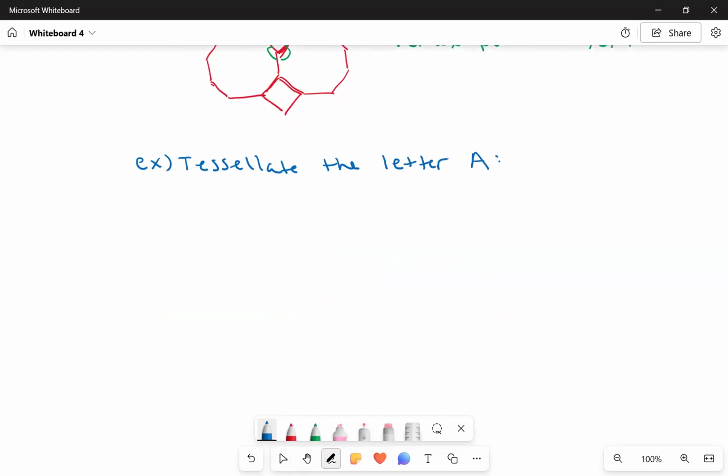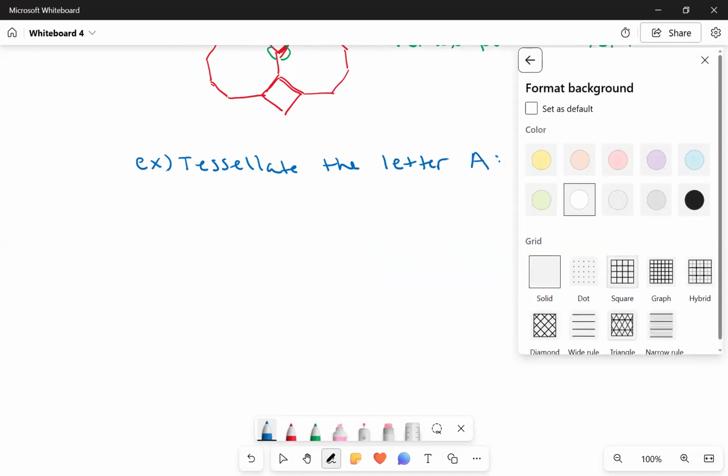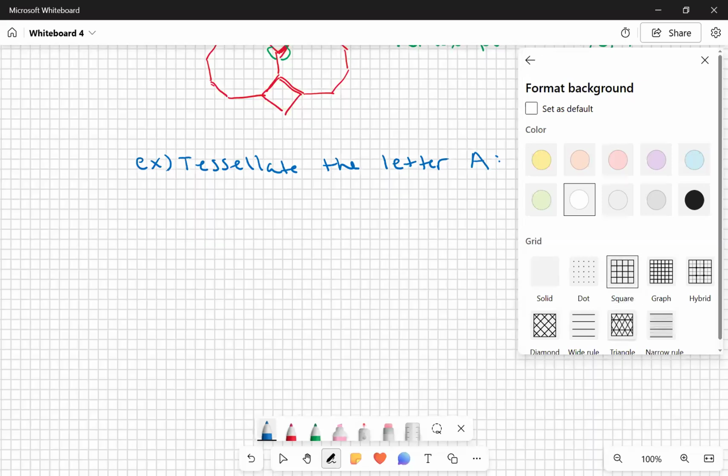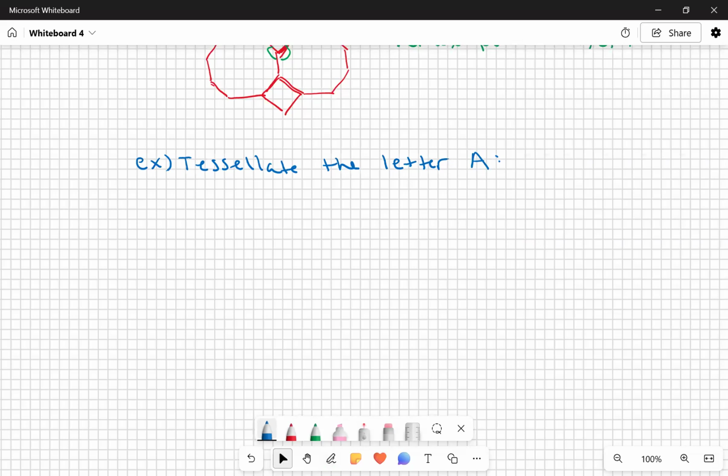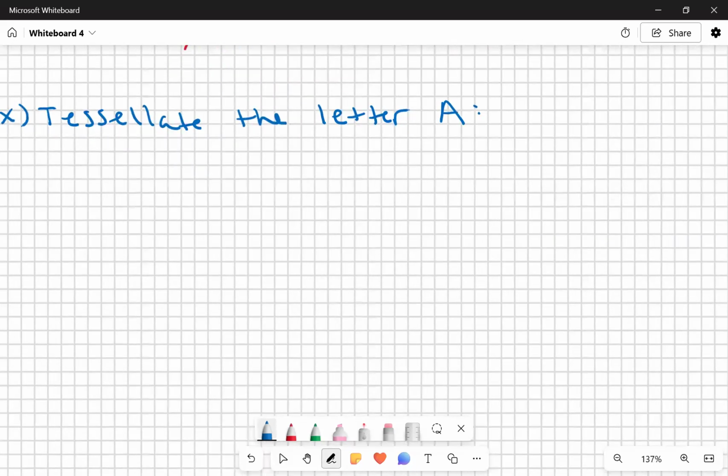Okay, so here's how I'm going to do this. In order to do this properly, I need a grid. So here, I'm going to actually change the background so that I have squares. And I'm going to probably have to zoom in here to make this work. All right, I'm going to tessellate the letter A. So here's what I'm going to do.